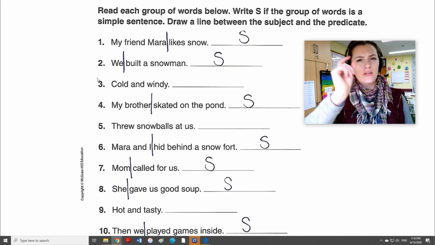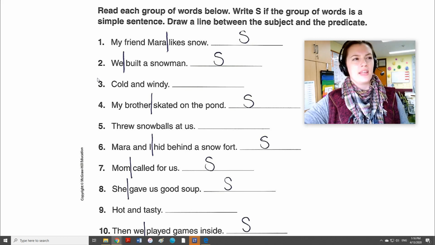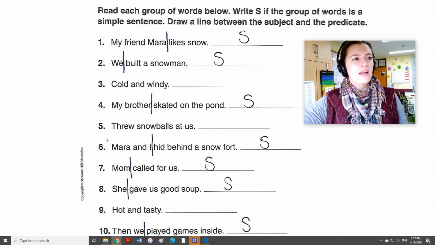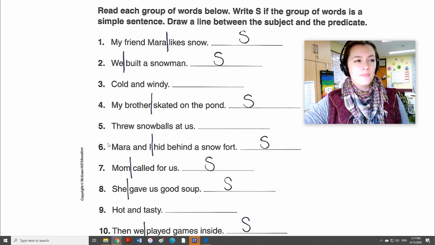Number three is a fragment, so you should have done nothing. Number four, let's read together. My brother skated on the pond. Number five, it's not a sentence, it's just a fragment. Number six, let's read together. Mara and I hid behind a snow fort. Number seven, Mom called for us.